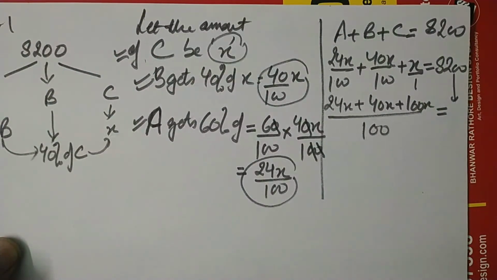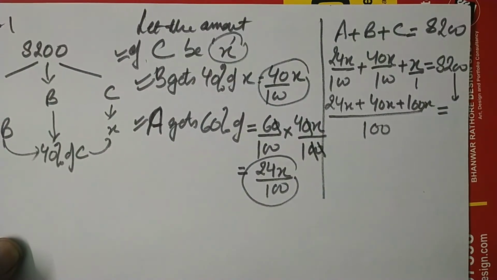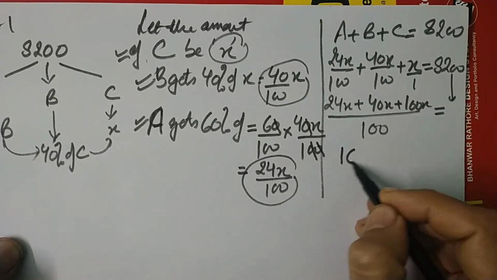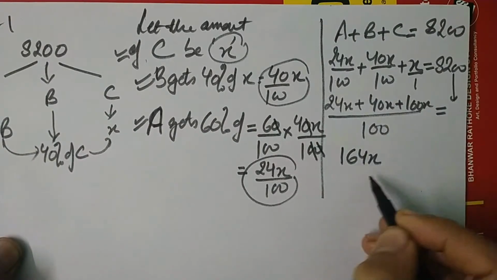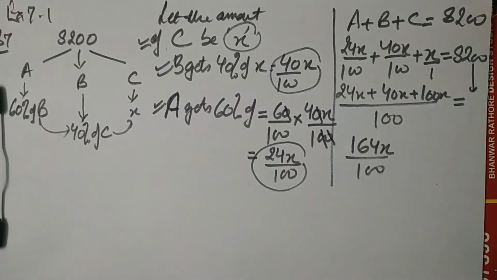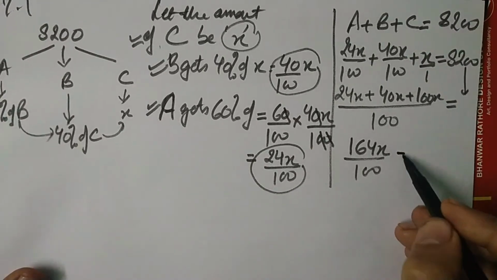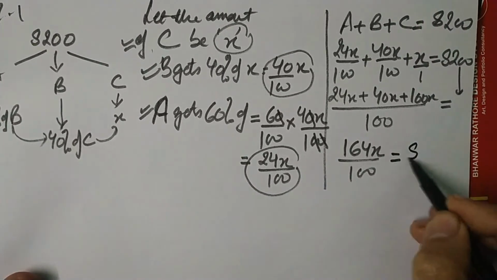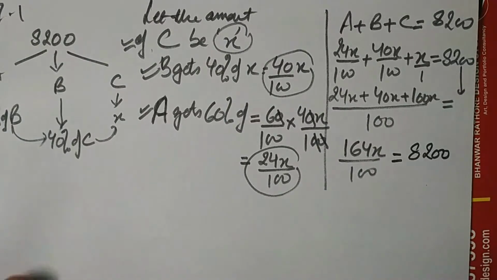What will this become? Type the answer below. 100 plus 40 plus 24 will become 164x upon 100, and on the right side it is equal to 8200.